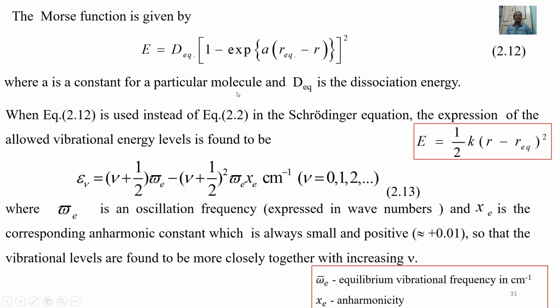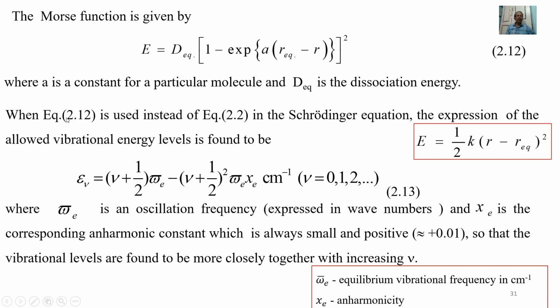The Morse potential is given as equation 2.12: E equals De times the quantity 1 minus e to the power minus a times r minus re, whole squared, where De is the dissociation energy, the maximum energy, and a is a constant for a particular molecule.